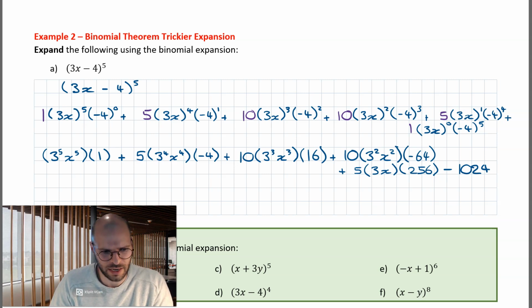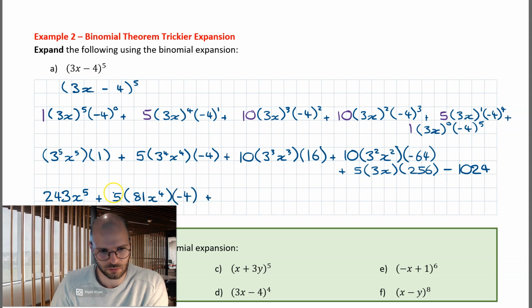Alright, cleaning this up, 3 to the 5 is going to be 243, x to the 5. Next we've got 5. 3 to the 4 is 81, x to the 4. And then we've got the minus 4 here.